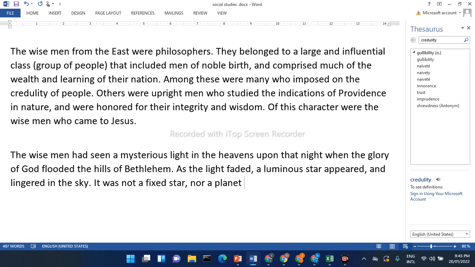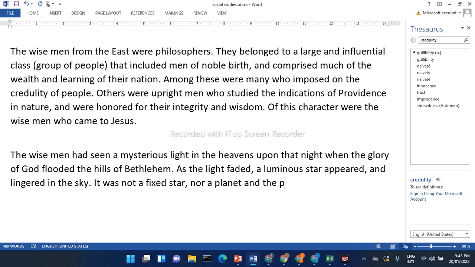We're going to talk about what it actually was. It was not a fixed star, nor a planet, and that really intrigued the wise men. They were like, wow, this is something amazing, right?